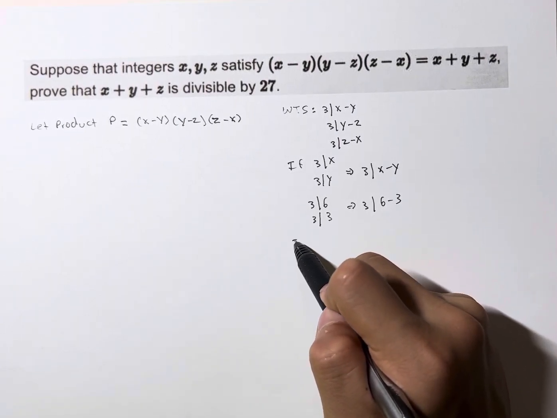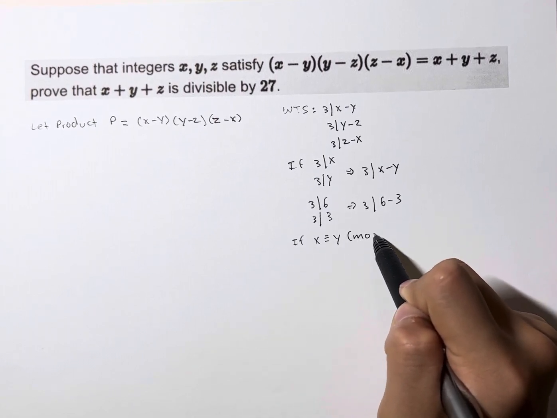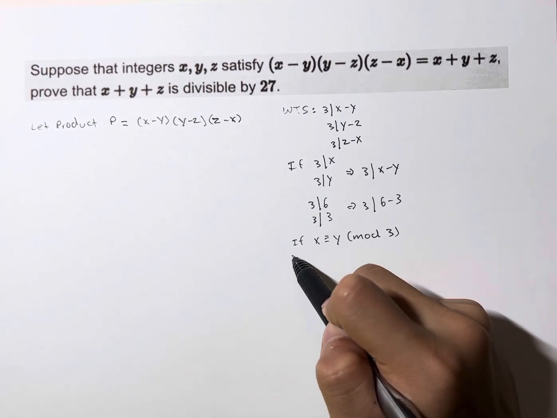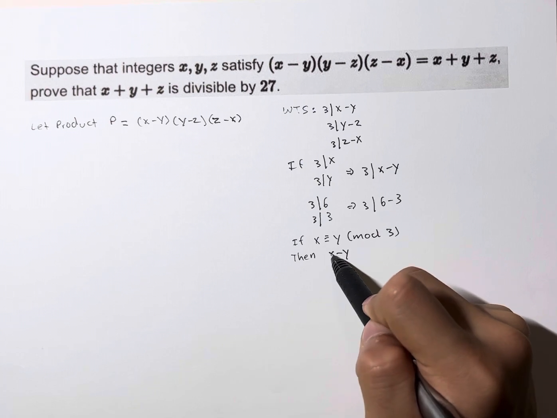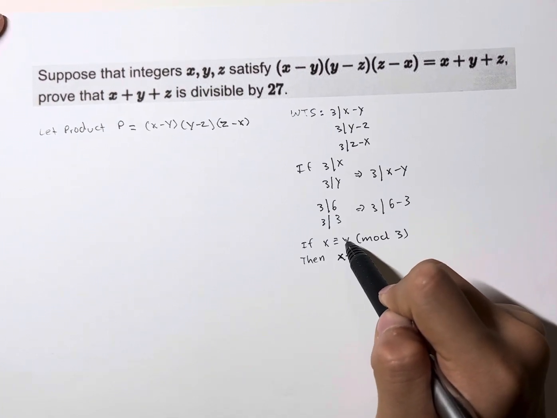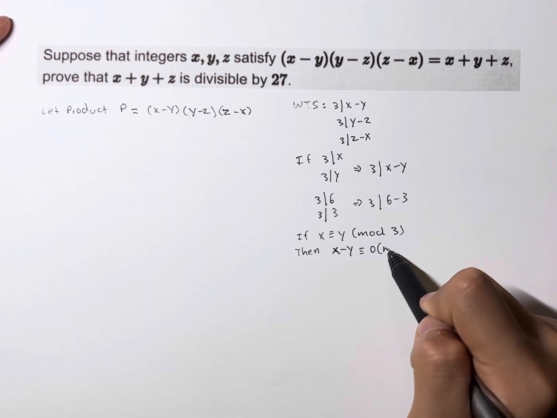So, if x is congruent to y mod 3, then this means that x minus y will be congruent to 0 mod 3.